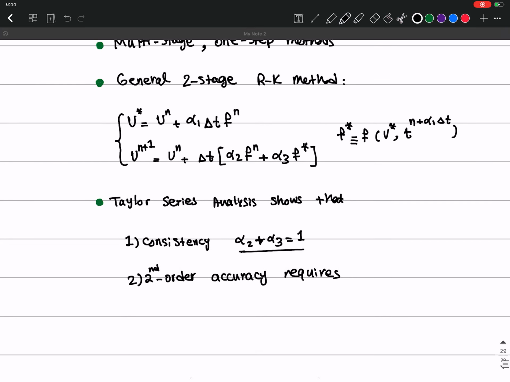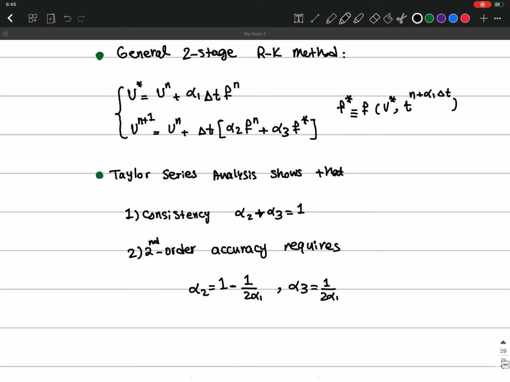And second order accuracy requires alpha 2 to be 1 minus 1 over 2 alpha 1, and alpha 3 to be 1 over 2 alpha 1.